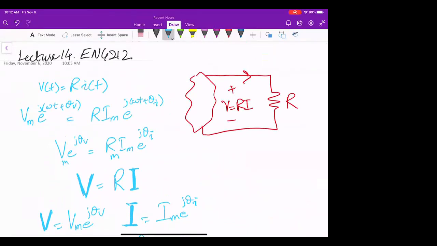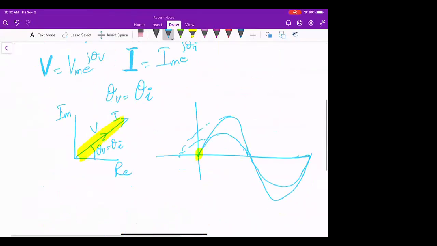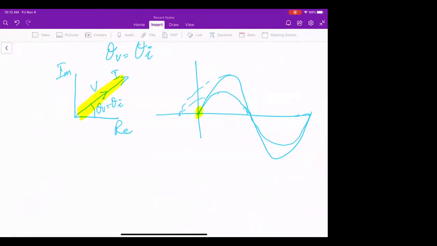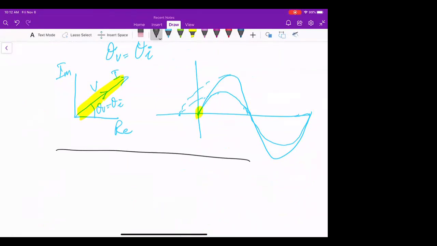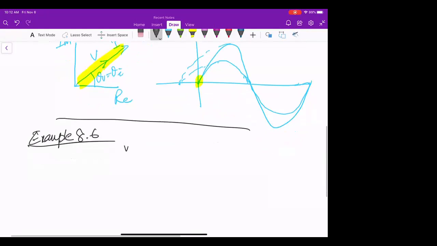So if we try to solve a problem in the phasor form, giving it a sinusoidal input, we will see that if this is example 8.6, our V of t is equal to 24 cos(377t + 75 degrees), okay?